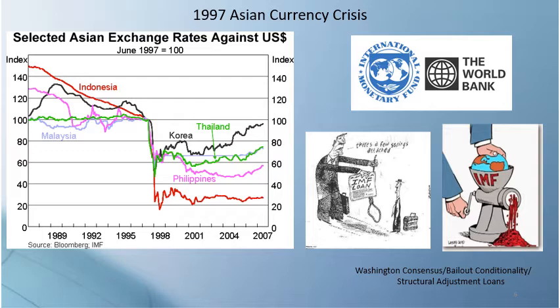So even ma and pa investors are buying US dollars to get their money out. International lenders refused to renew any short-term loans to the Thai banks in particular, and because the Thai banks had borrowed cheaply, but on short term and lent it out on long term, they went bust.